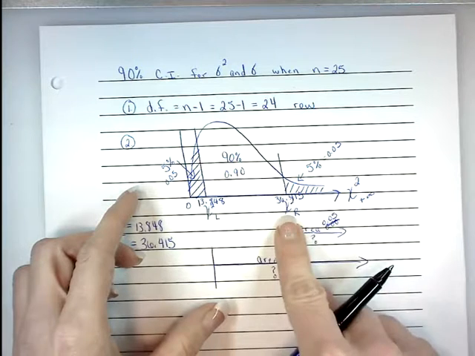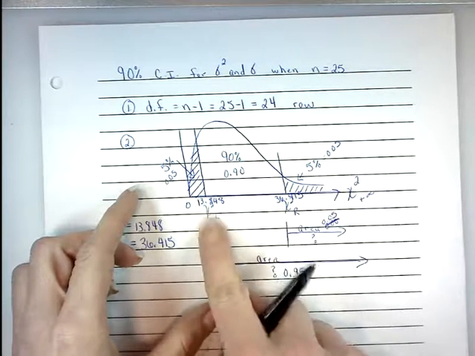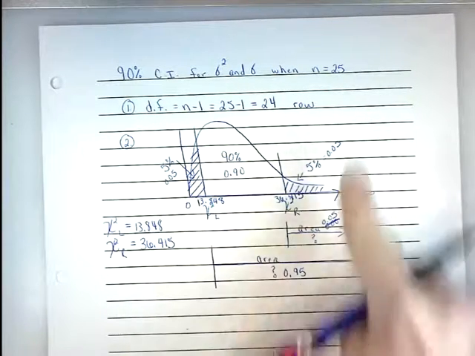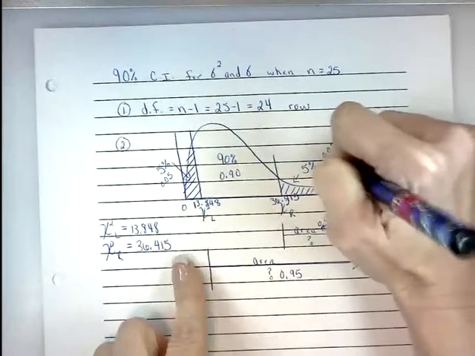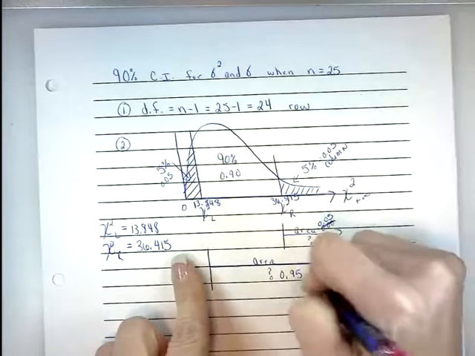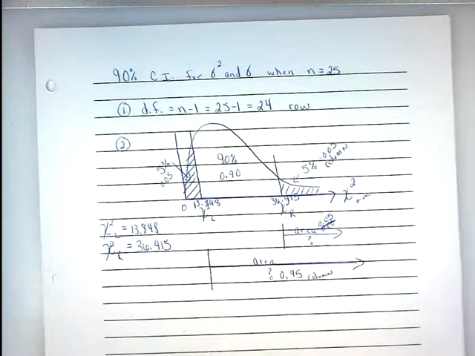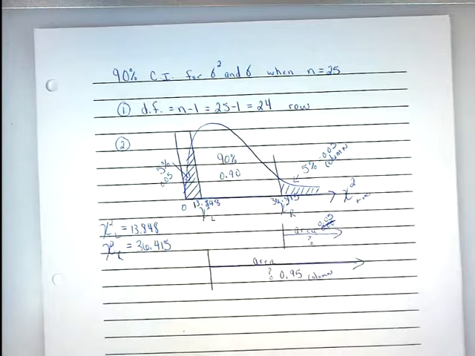The area above the unknown chi-square from the right is 5%, and the area above the unknown chi-square from the left is 95%. Those are the columns that you go to. So first I'll go to column 0.05, and then I'll go to column 0.95, and both of those in row 24. And then we know our two values on our axis, chi-square from the left and chi-square from the right.